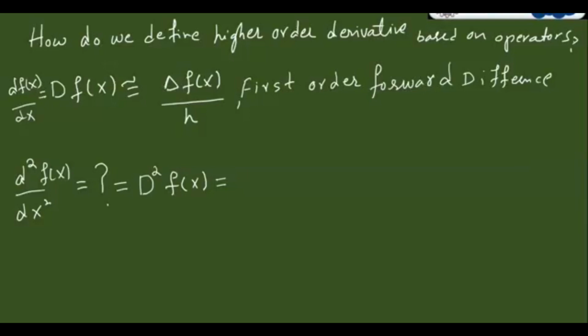We first compute the first order and then differentiate that function again so that we get the second order. For third order, we differentiate the second order derivative again, and so on. So if you want to compute a higher order, that is a derivative greater than 1, you have to do it stepwise, one by one.